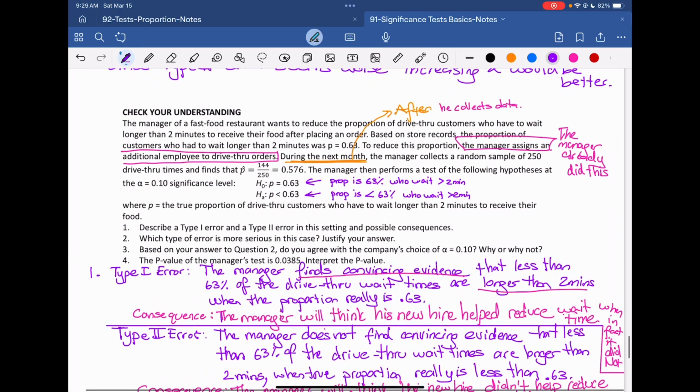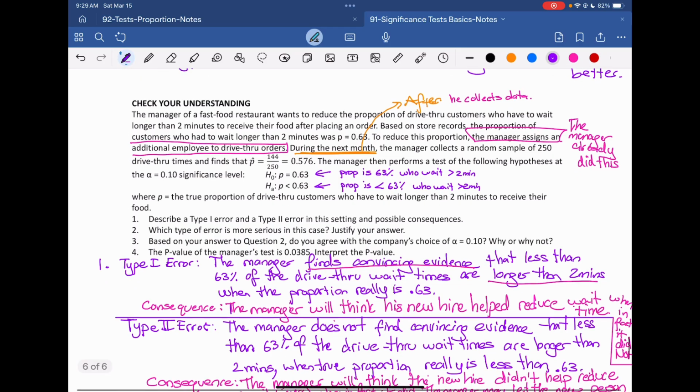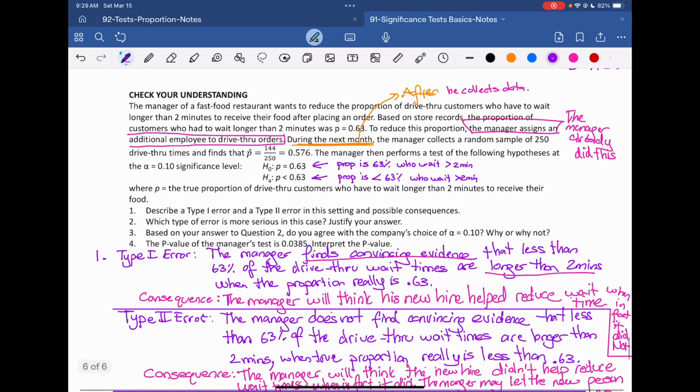Here's the check your understanding question. Go ahead and pause the video here, but before you pause, there was some disagreement on this in classes. That's because I didn't really read the question properly and I made a bad assumption. But when I went back to look at this question, I noticed that the manager at the fast food restaurant already assigned an additional employee.